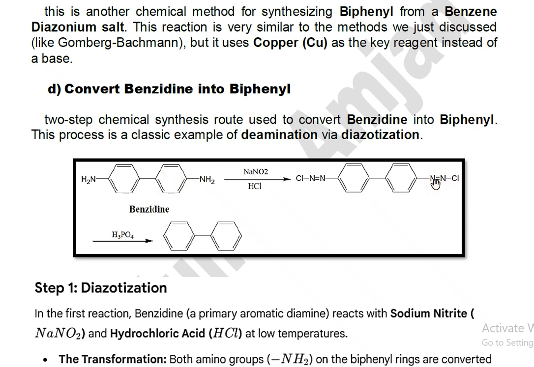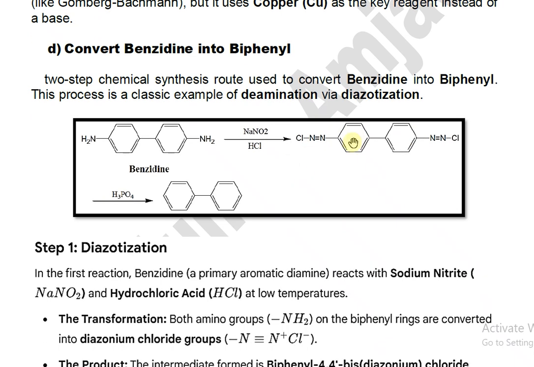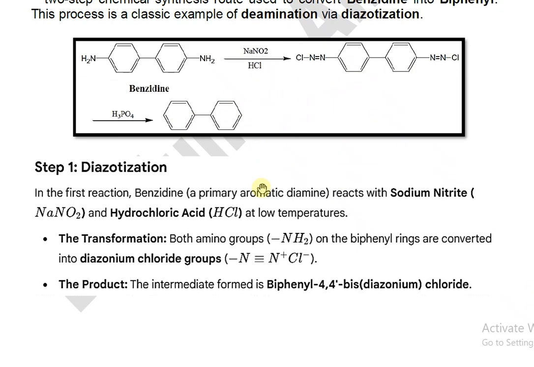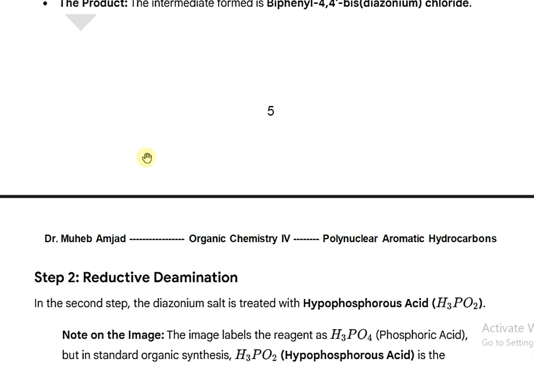We call this the diazotization step here, converting the aniline, the NH2 group, to the diazonium salt. The second one, elimination of the diazonium groups to the hydrogen. Okay, it will be converted to the biphenyl compound. The second step here is the reductive deamination.